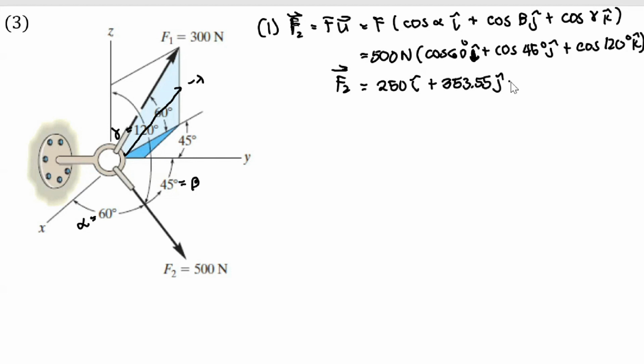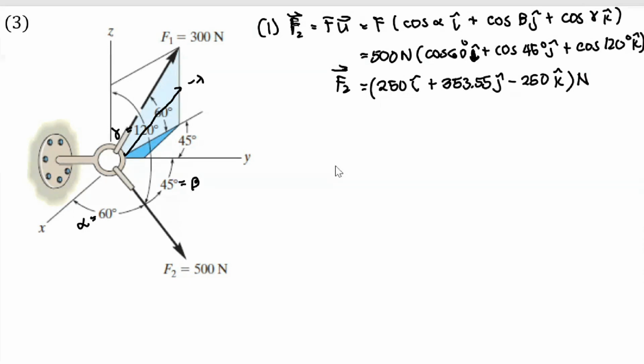That is where the negative comes out. If you made this negative and the result is negative, your answer here becomes positive, which is wrong. So it will be negative 250 k hat, and that is in Newton. So that will be the answer for F2.